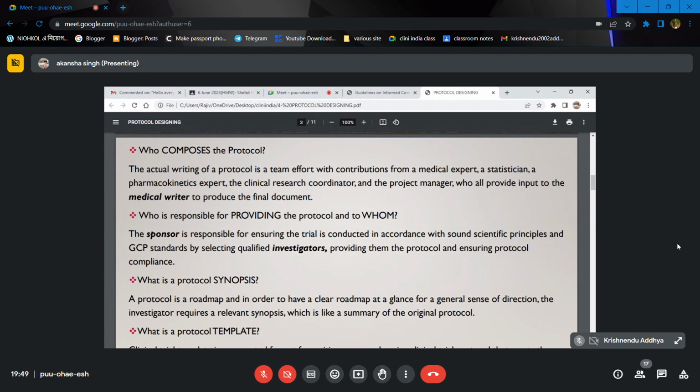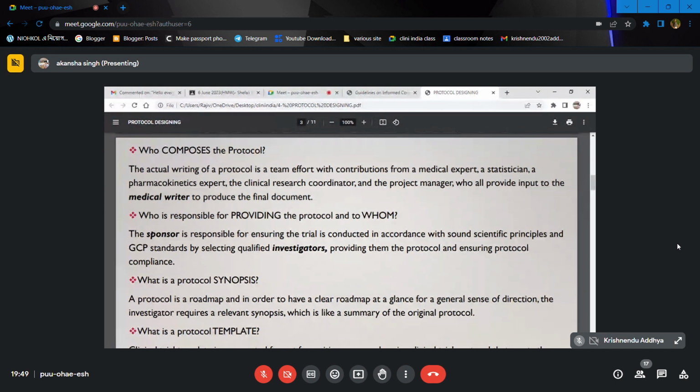Like you are running a company. The company will have many people, and every person will have a different responsibility. Suppose they have a product; how this product will work and what the guidelines will be, inputs will be provided by different people and it will be written by some writer.